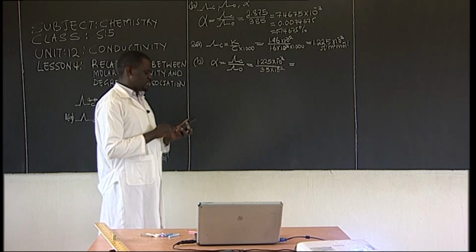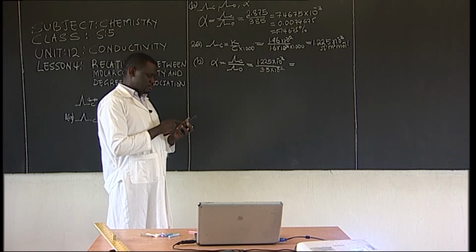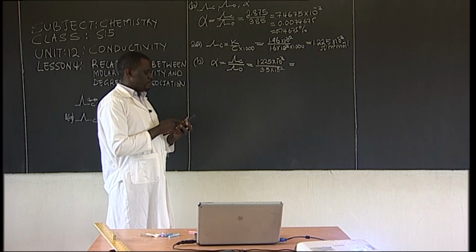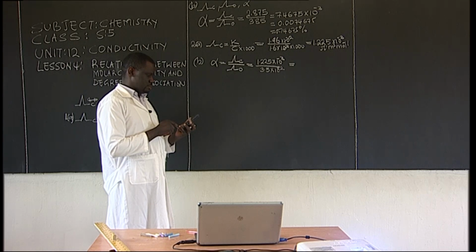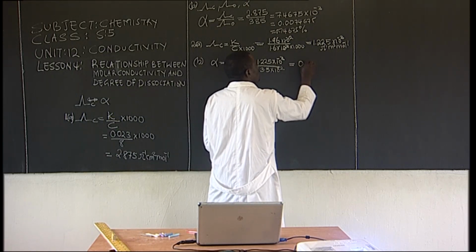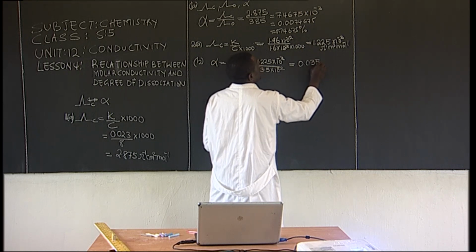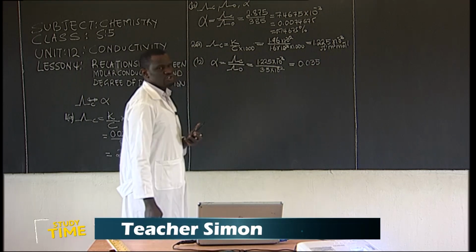Calculate very quickly and tell us the answer to see that we are here on the same wave. So our value will be 0.0335. That is our degree of dissociation.